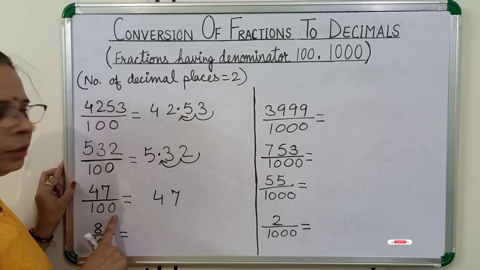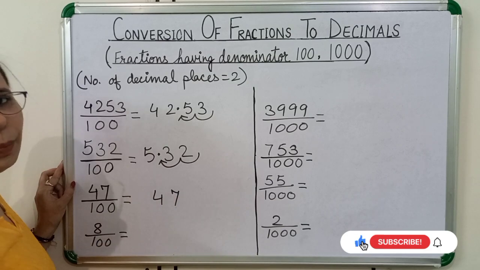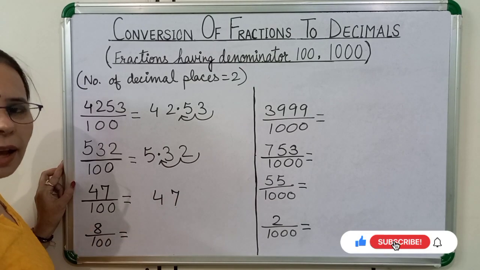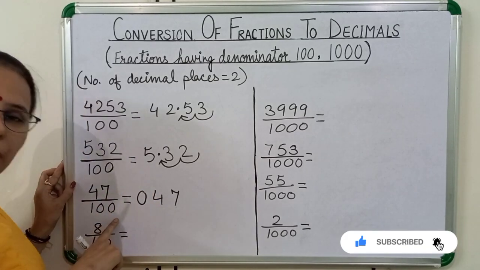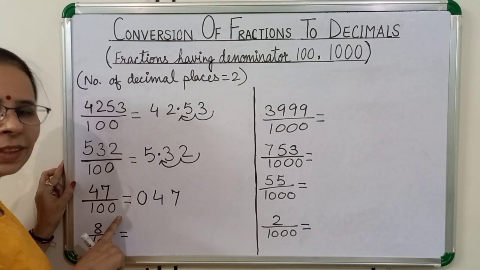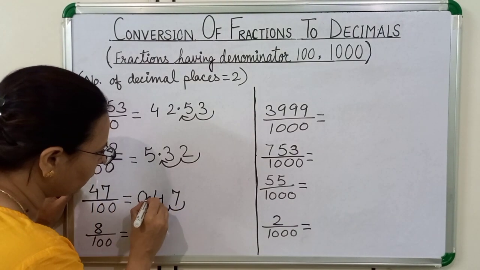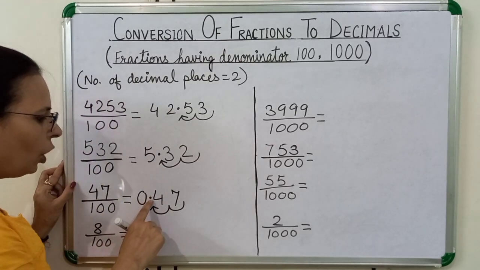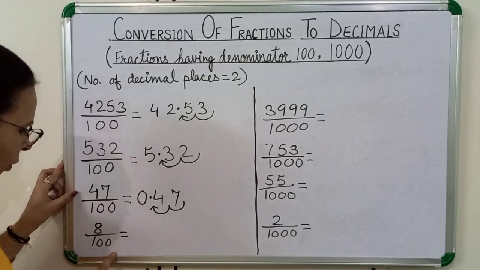We will add 0 before 47 to get same number of digit as in denominator. Denominator has two zeros, so we will count 2 places to the left and put decimal point. Thus we get 0.47.